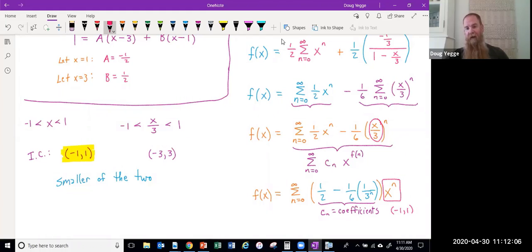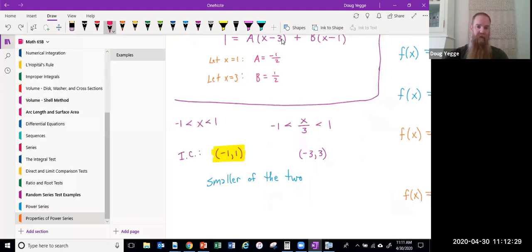But notice that 3 to the n right here kind of got lost because it merged together to create the sequence that showed the coefficients. So instead, we always have to take the interval of convergence from the original series, which is also what we noticed back here on this last one that we did.